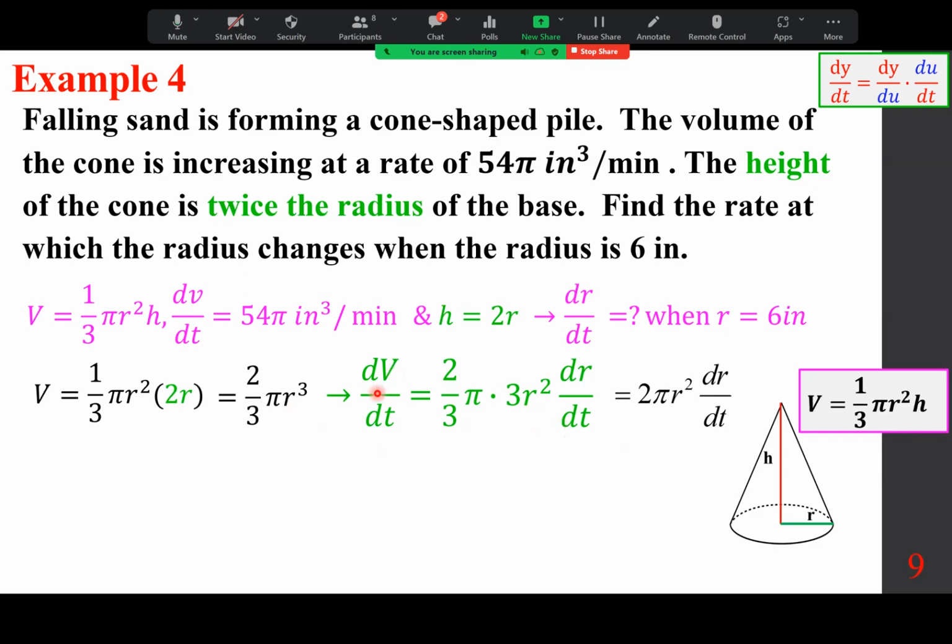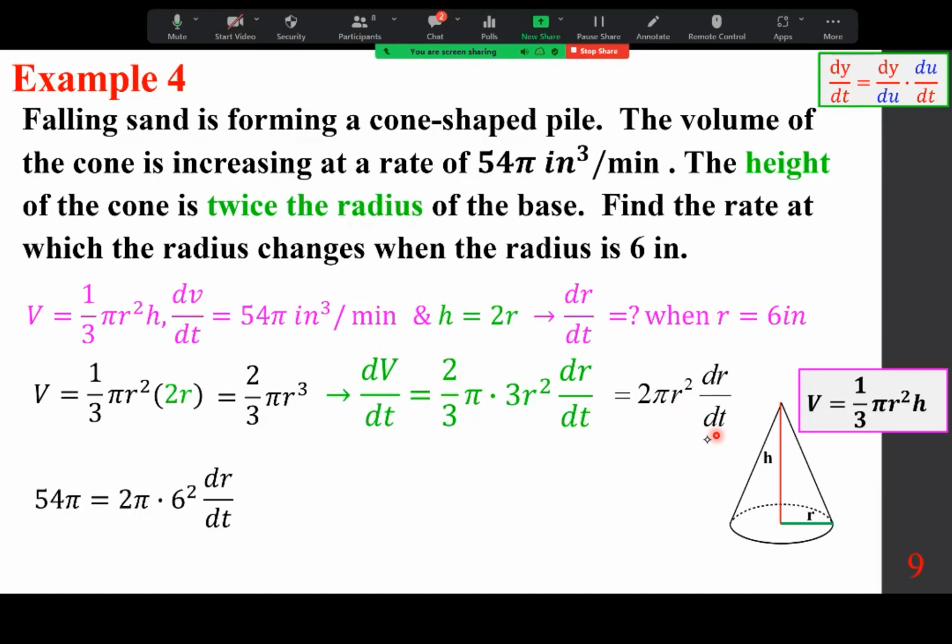So dV dt can be replaced by 54 pi. 2 pi r squared, r can be replaced by 6 and then squared. And dr dt we will find.